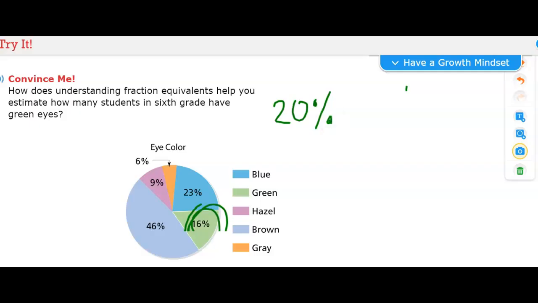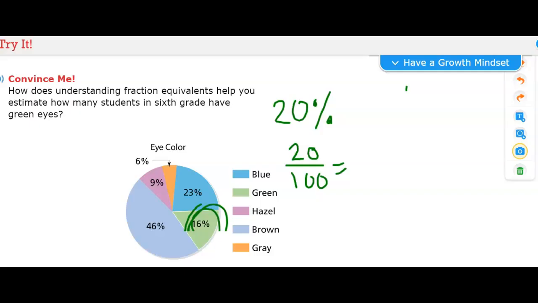20%. And then 20% as a fraction would be 20 over 100. And if you simplify that, you would divide by 5 and you would get 4 over 20. No, I can divide by a greater number, and I can do 10.